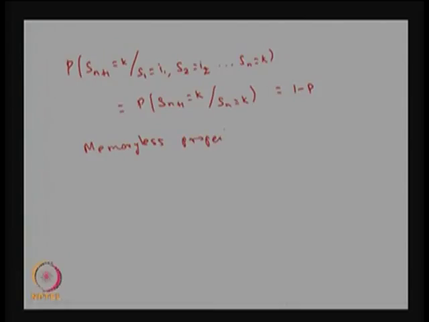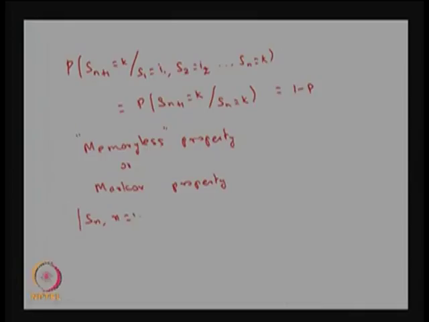The stochastic process S n satisfies the memoryless property, or the other word, Markov property. The distribution of the n plus 1th random variable, given the first random variable, second random variable, up to the nth random variable, is the same as the conditional distribution of the n plus 1th random variable given the nth random variable only, and this property is called the memoryless or Markov property.